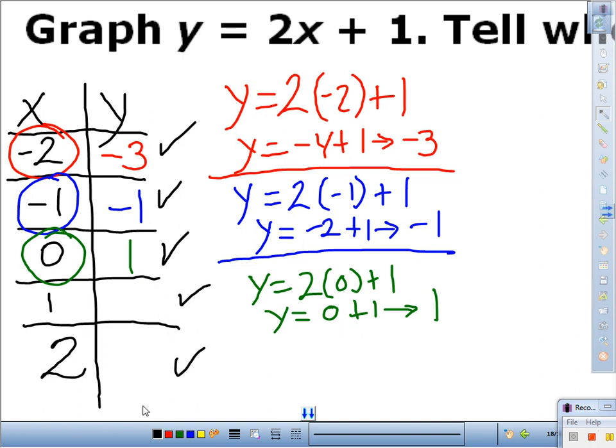Just fill in the pattern. However, if you don't see it, guess what? You have to do the work. So look at it. Talk to your neighbor, see if there's a pattern from here to here, from here to here, from here to here.